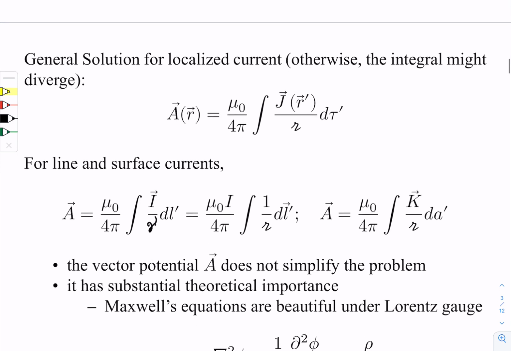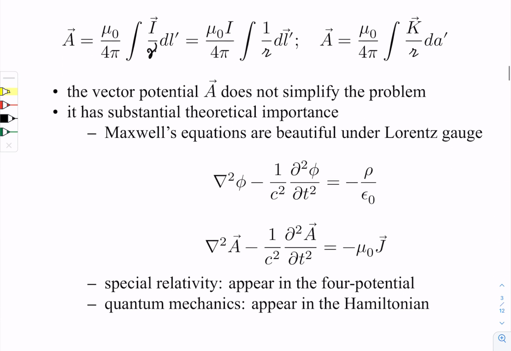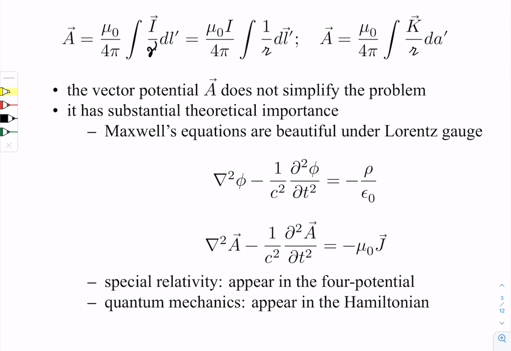However, I want to note that even though the vector potential is quite similar to the scalar potential in the electrostatic problem, the caveat is that because this is a vector potential, it doesn't really simplify our problem. In the electrostatic problem, we like the scalar potential because it is really a number, whereas the E field is a vector.